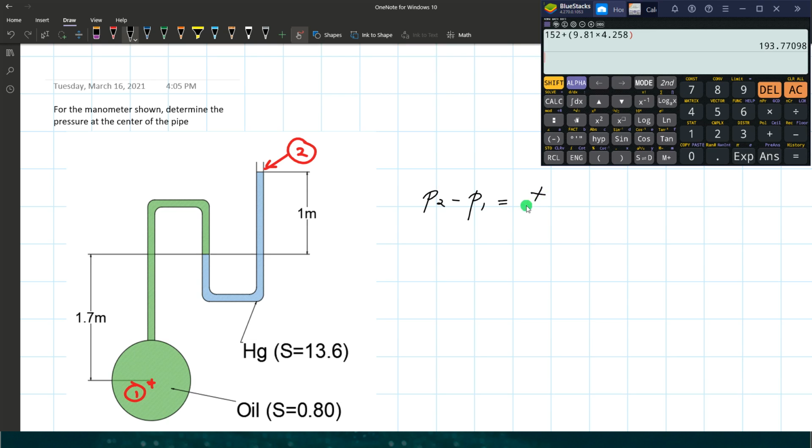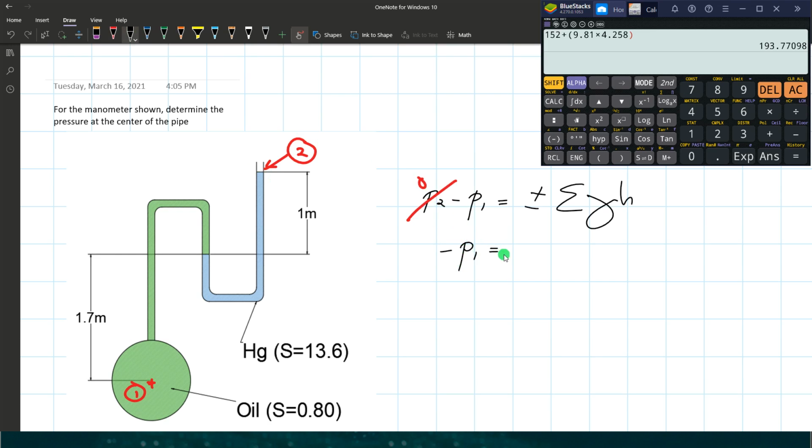So we have plus or minus sum of product of unit weight times H. So we're required to determine the pressure at point 1. So point 2 is at the free surface of the mercury, so there's no pressure present at point 2. So that's 0.